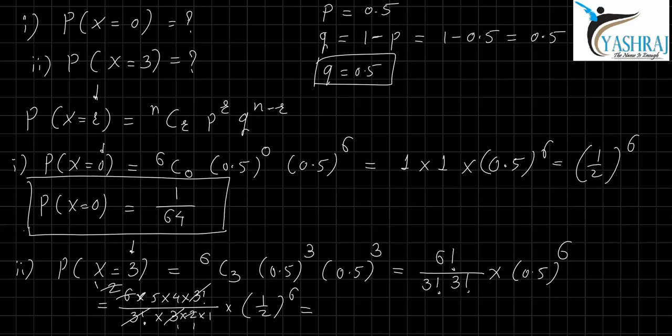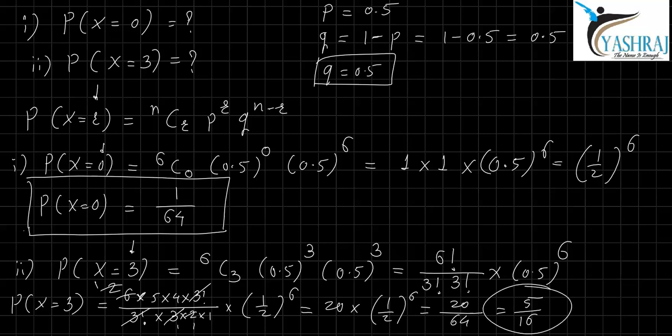So we have 5 fours are 20 times half to the power 6, which means 20 divided by 64. After simplifying, 4 fives are 20 and 16 fours are 64. So the probability that exactly half the patients recover out of 6 is 5 divided by 16.